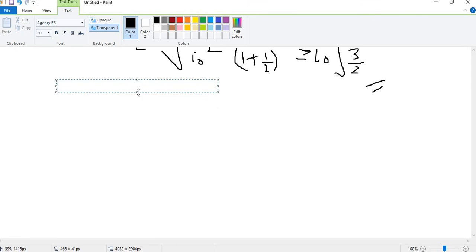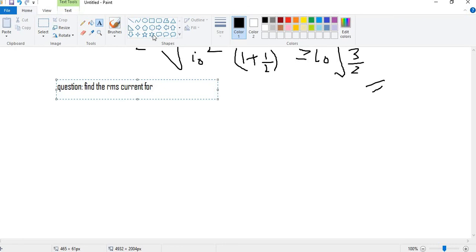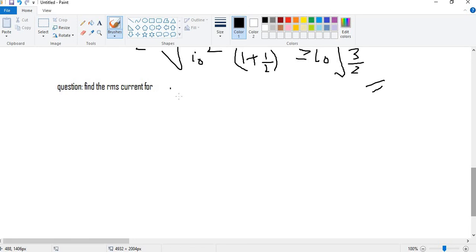The question was the same: find the RMS current for the current given by the equation I equal to I1 sin omega t plus I2 cos omega t.